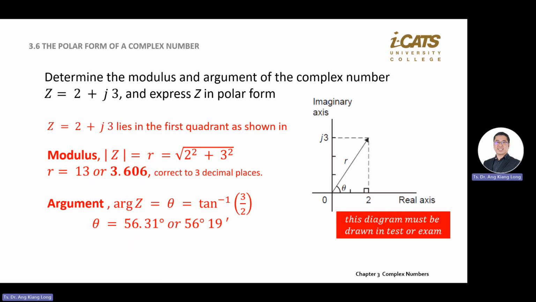And as you go deeper later on, in your core module, especially on the orientation of orbits, especially Earth orbit, something outside space, we will convert into minutes. 1 degree equals 60 minutes. So this 0.31 multiplied by 60, you get 19 point something.